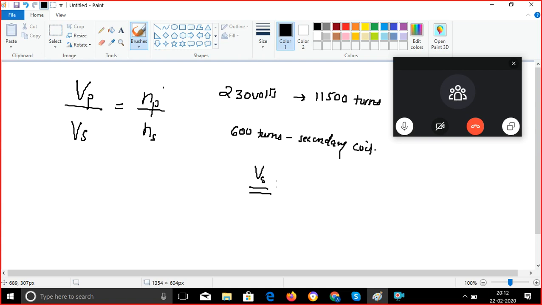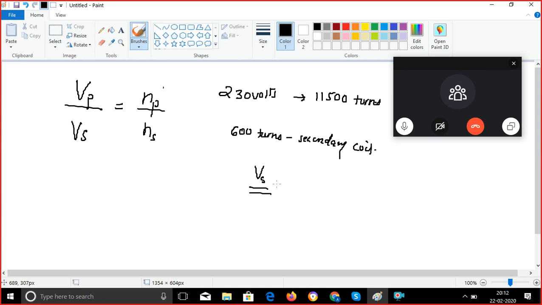So 11,500 divided by 600 is 19.16, and 230 over x.